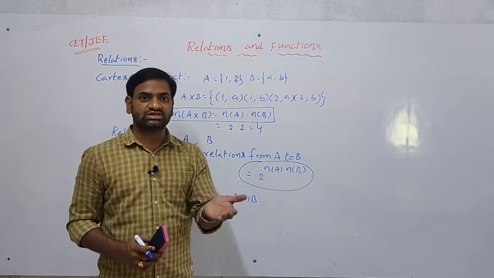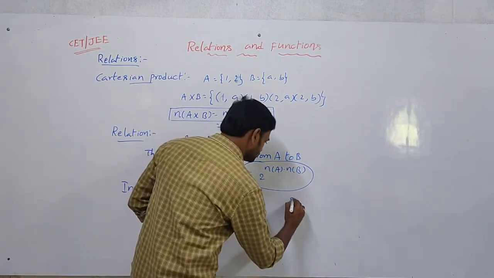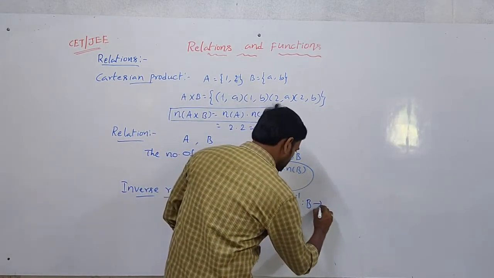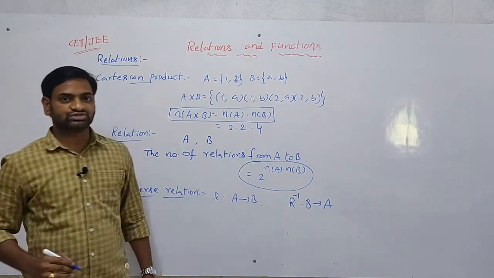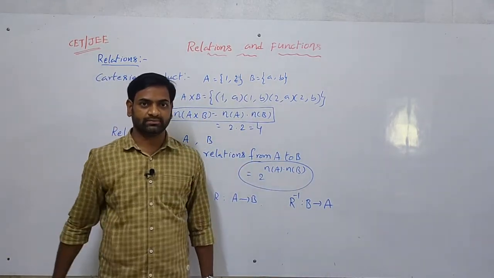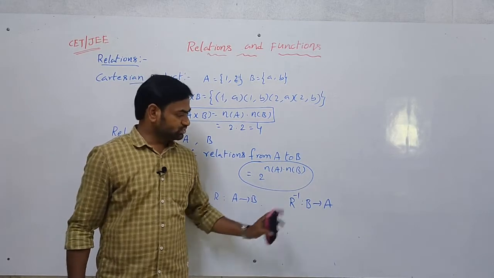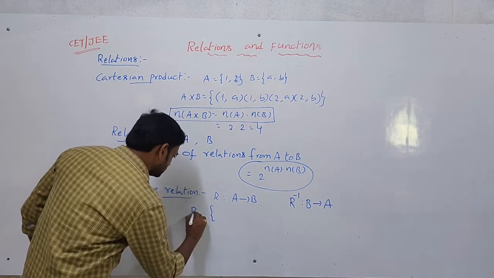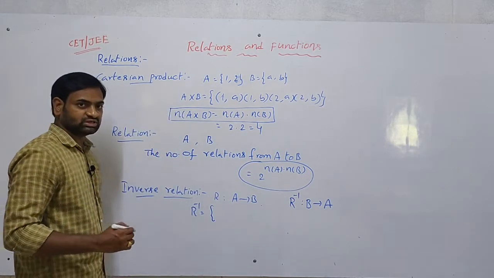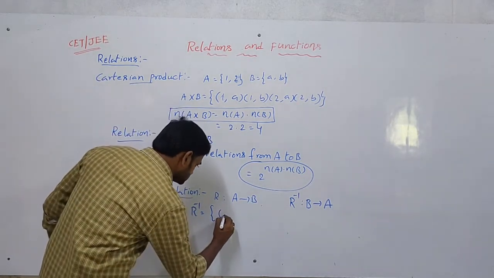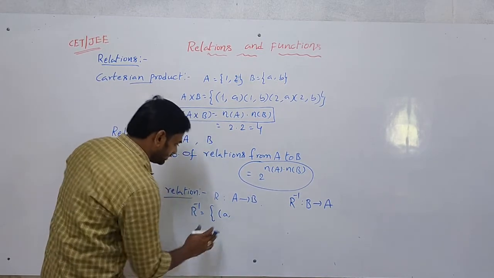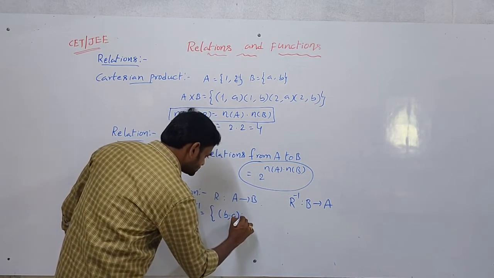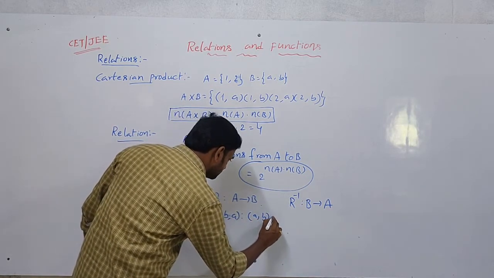For that, the inverse relation is R inverse. It is reverse. It is from B to A. So simply we can write, R inverse is equal to the set of (b, a) such that (a, b) belongs to R.